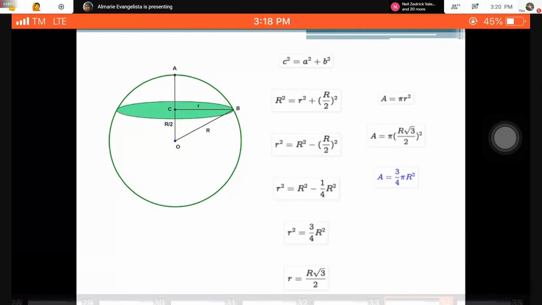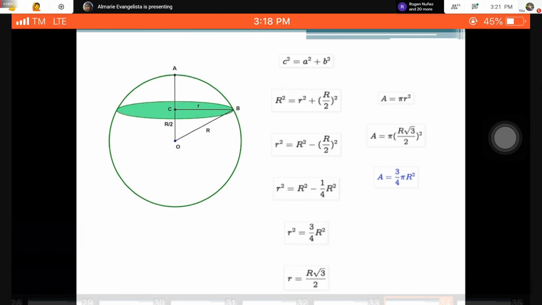Equating the formula, since ang hahanapin natin is yung pinaka-radius, which is yung small letter r squared is equals to R squared minus (R/2) squared. So, r squared is equals to R squared minus 1/4 R squared. So, minus lang natin siya.